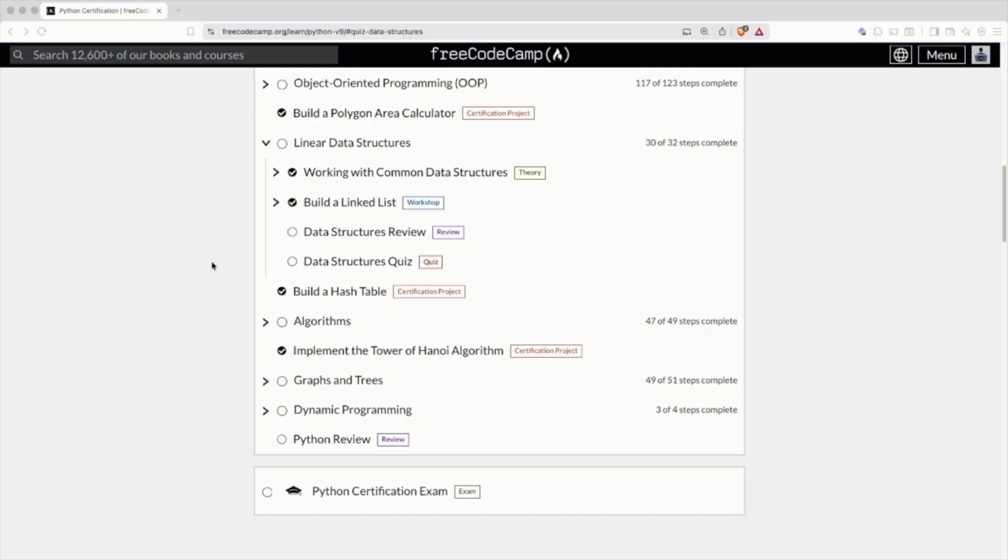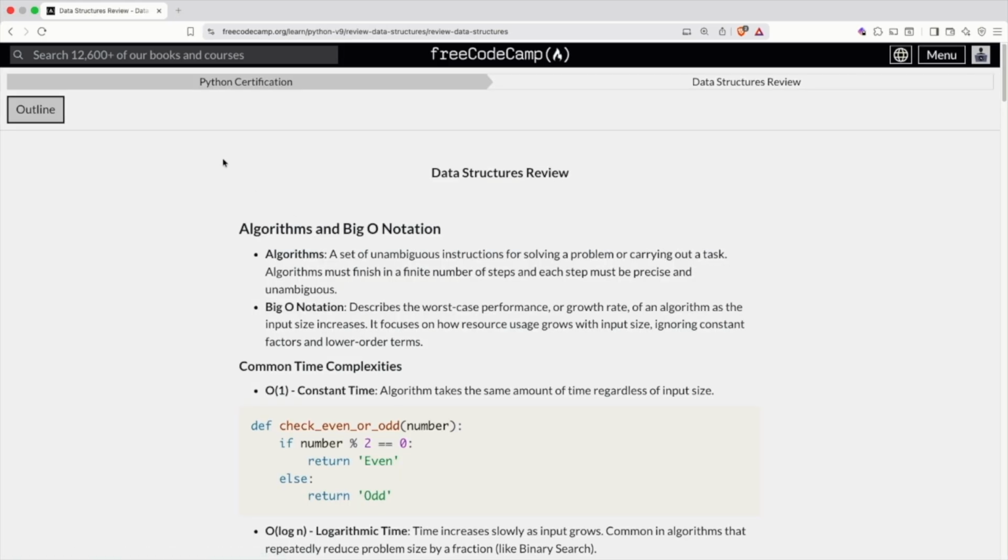Let's talk about a couple of the items that I had more trouble with, or rather that I didn't know as well, and take a look at some of the reviews for this. So Big O notation.